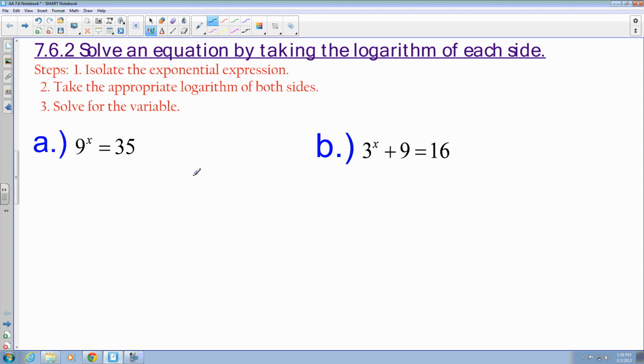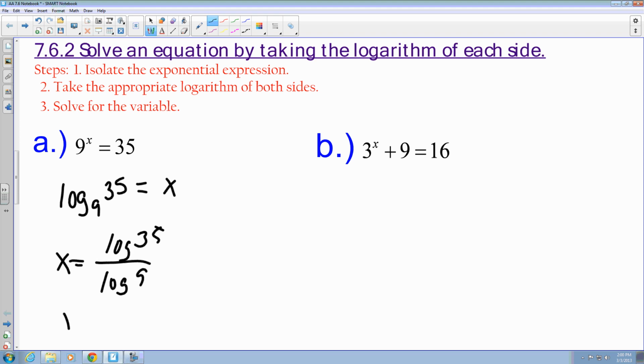So this can be written as log base 9 of 35, which will equal x. Here, I can use my change of base formula. So x equals the log of 35 divided by the log of 9, which roughly equals 1.62.